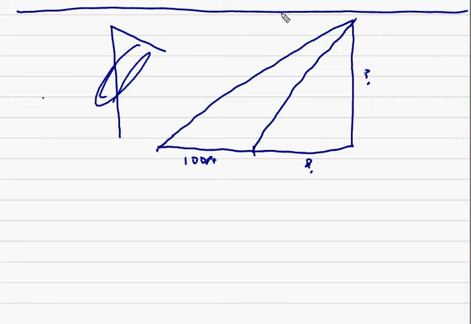When he starts, the measurement right here is 30 degrees, and when he makes the measurement here, it's 35 degrees. Since we know this is a right triangle because he's going up, this would be 90 degrees.